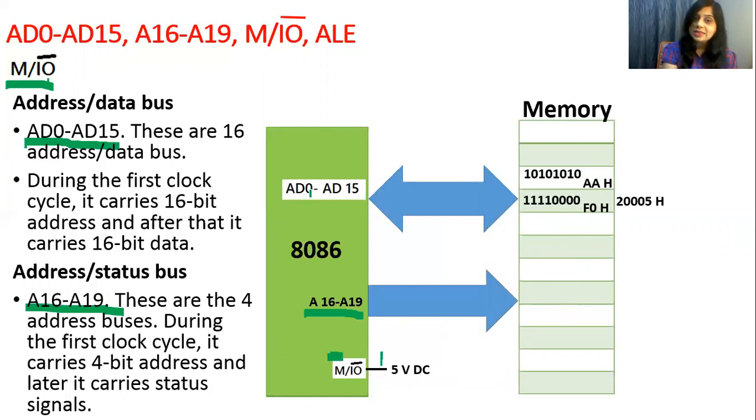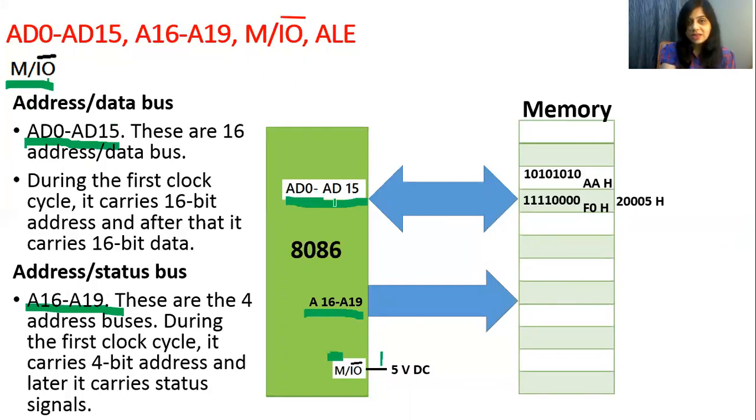And AD0 to AD15 is address data multiplexed bus. What is the meaning of address data multiplexed bus? What is bus? Bus is nothing but wires. So what is address data multiplexed bus? This is nothing but wires which are used to carry address as well as data.